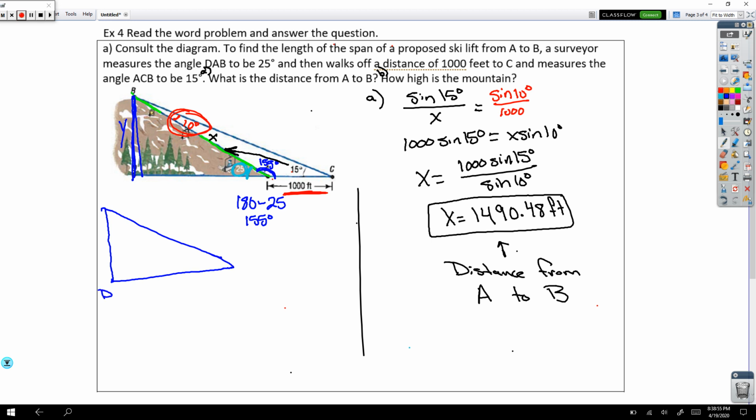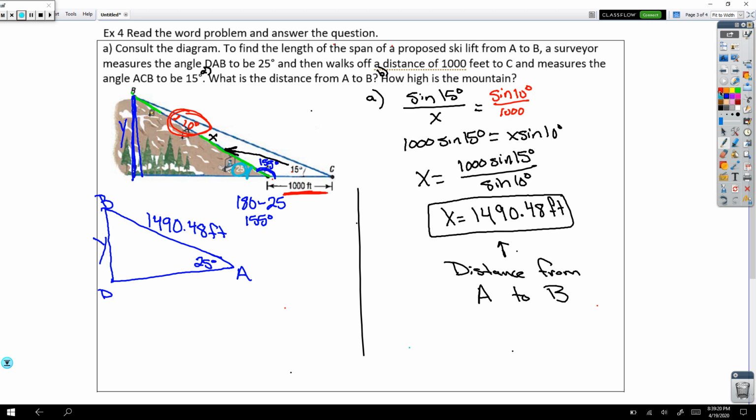So we have D, B, and A. We're trying to find that length. And we know what our hypotenuse is now. That's what we found in A. That was 1490.48 feet. And we know that this angle is 25 degrees. So, think back to last unit, right?